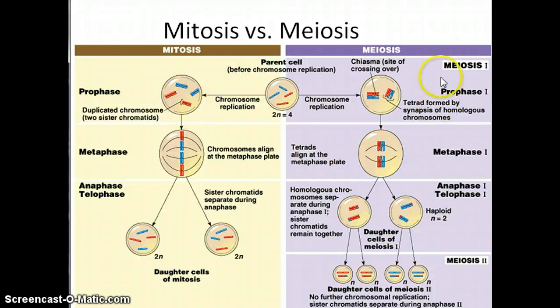But in meiosis 1, you can see where we have tetrads being formed, and we do not have that occurring in mitosis. So again, I would pause this and study it and make sure you understand the differences and see if you're able to talk through what those differences are.